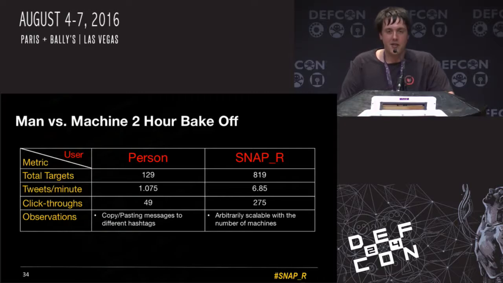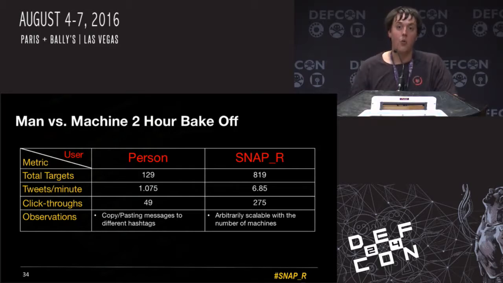Cool. So then we iterated on the model some, and we decided we wanted to test this against a human, right? See how well the human could spearfish or fish people versus how well the tool could. And so we had 2 hours scheduled on our calendar, and the person was able in these 2 hours to target 129 people.